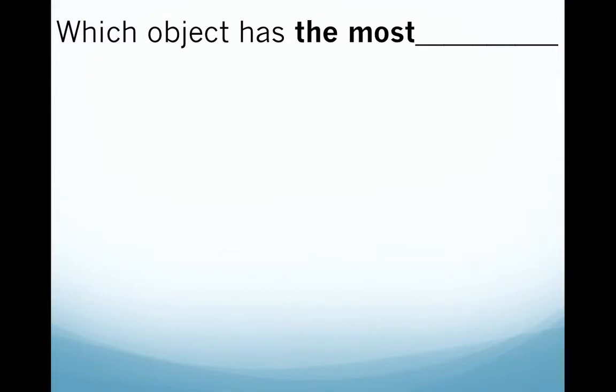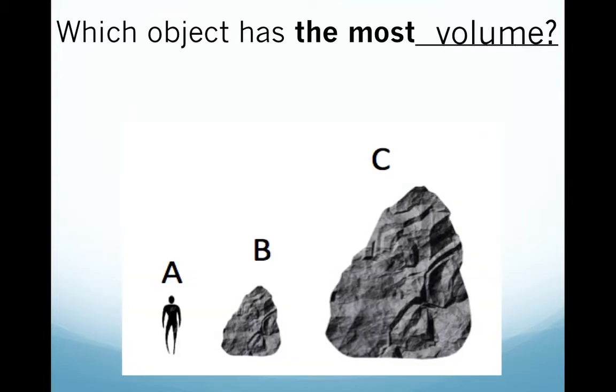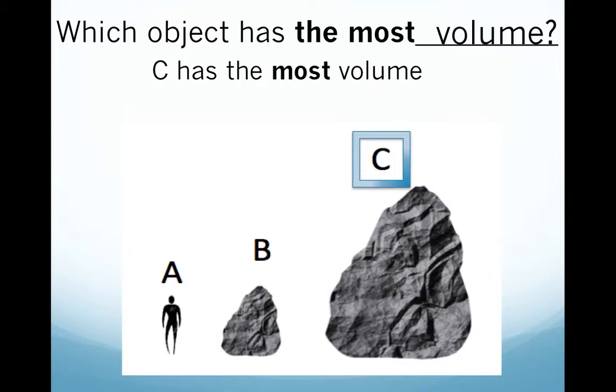So tell me, which object has the most volume? A, B, or C? The most volume. C. C has the most volume.